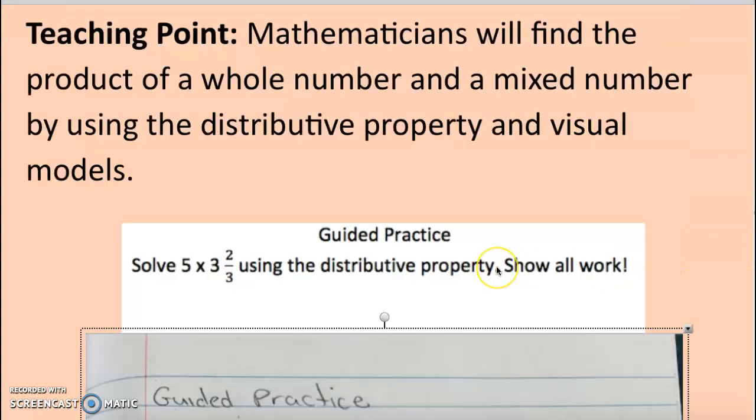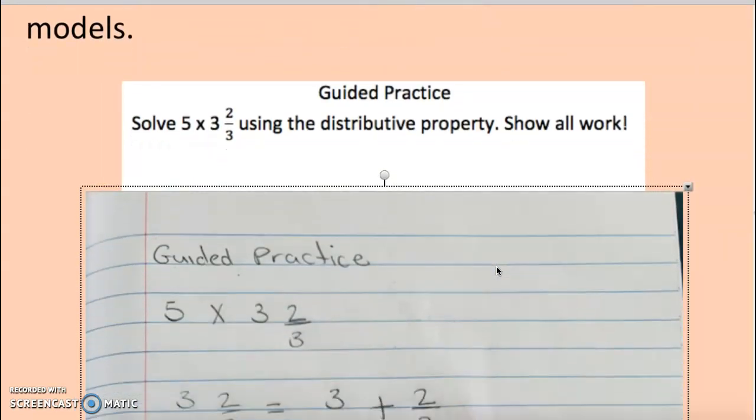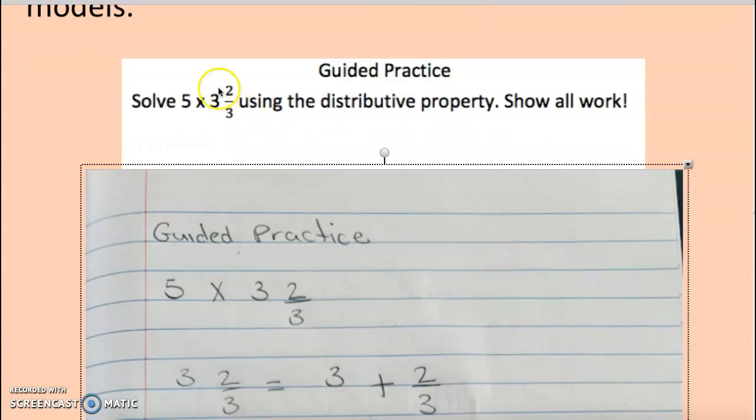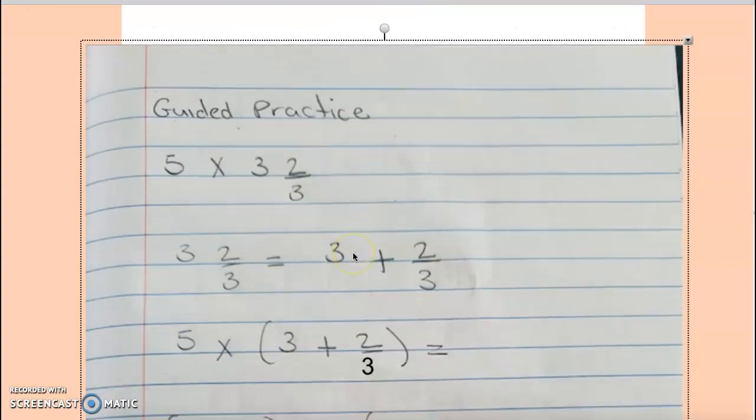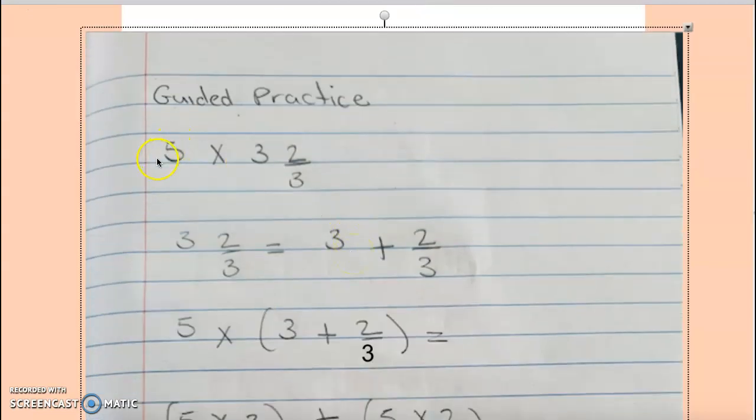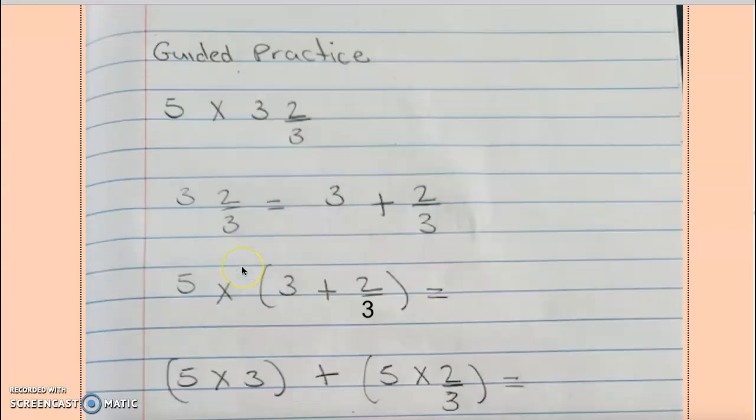Let's try this one more time. So we're going to solve 5 times 3 and 2/3 using the distributive property. I'm going to show all my work. Okay, so 5 times 3 and 2/3. First, what I'm going to do is I'm going to separate or represent my mixed number as an addition problem, as an addition sentence.